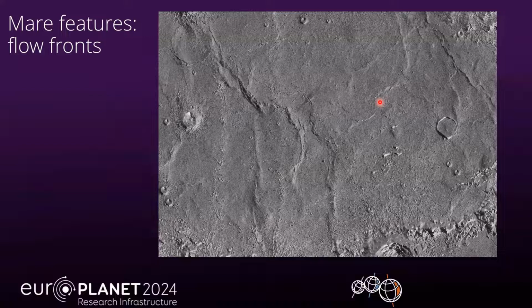Generally, the mare basalts are old enough that such flow fronts have been degraded, and then they're not really possible to see. That's in contrast, for example, with Mars. On Mars, there are beautiful lava flow fronts that you can trace and map and do measurements on for a bunch of different analyses.